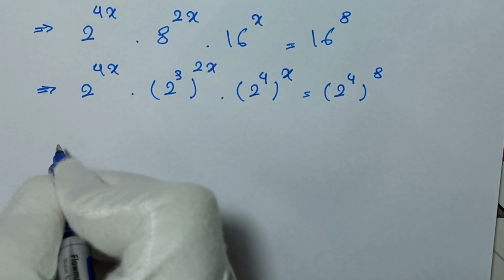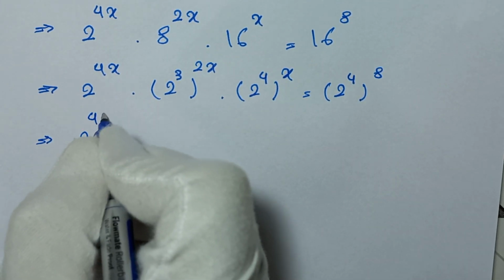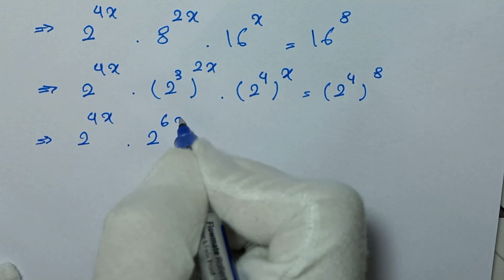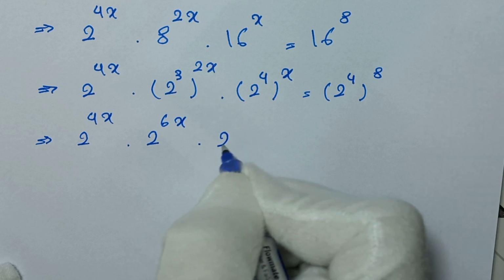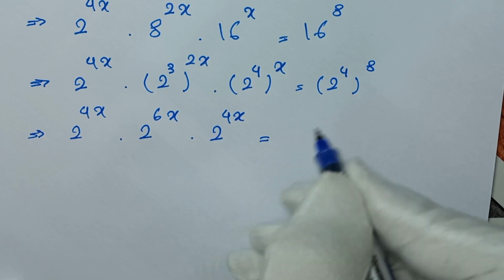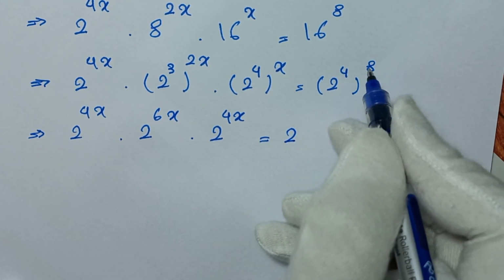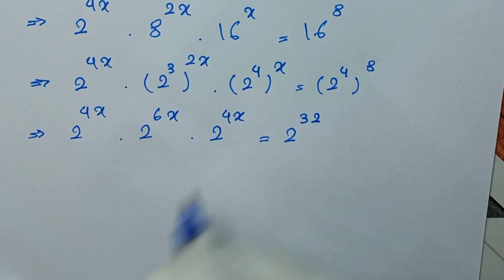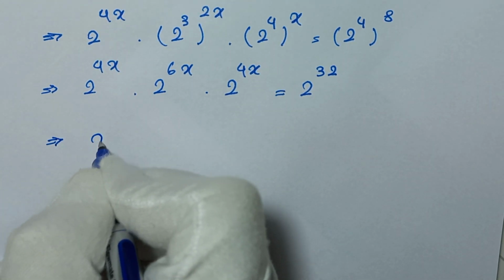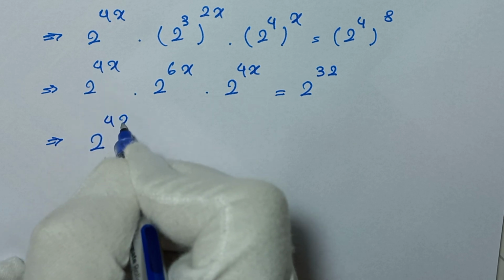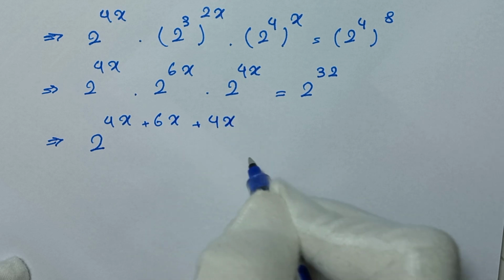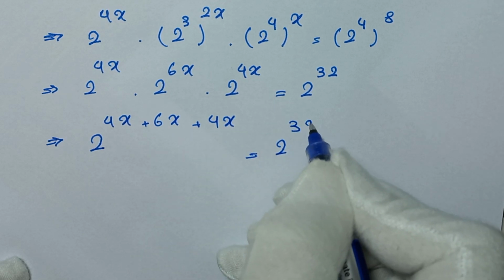And next step, it will be 2 to power of 4x times 2 to power of 3 times 2x, it will be 6x, and times 2 to power of 4 times x, it will be 4x is equal to 2 to power of 4 times 8, it will be 32. And next step, it will be 2 to power of 4x plus 6x plus this 4x is equal to 2 to power of 32.